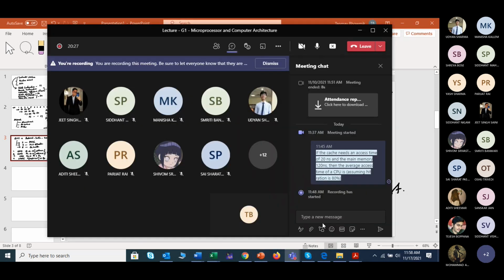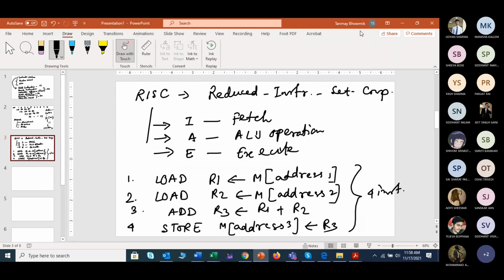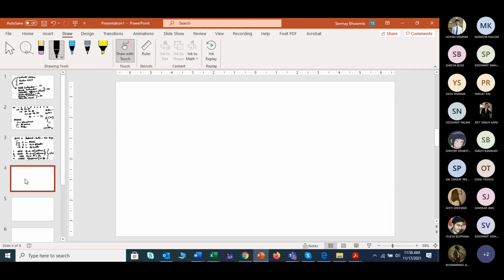Okay, so when we start with this RISC structure, first what should we do? First, I should take the clock pulse, right? So clock pulse 1, 2, 3, 4, 5, 6, 7, 8, 9.